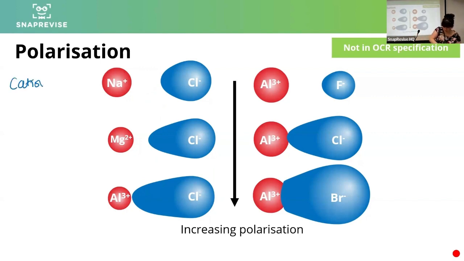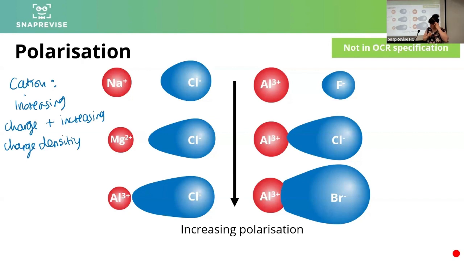So for the cation, increasing charge and increasing charge density, because the ion is getting smaller. Actually, let's write it slightly differently. Let's say increasing charge and decreasing atomic radii gives us a higher charge density.